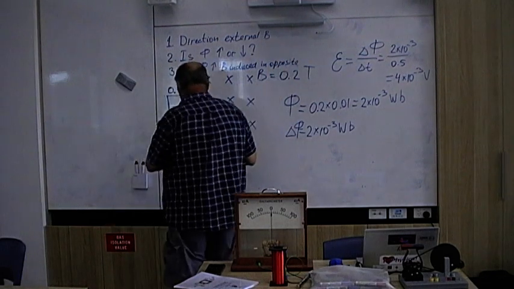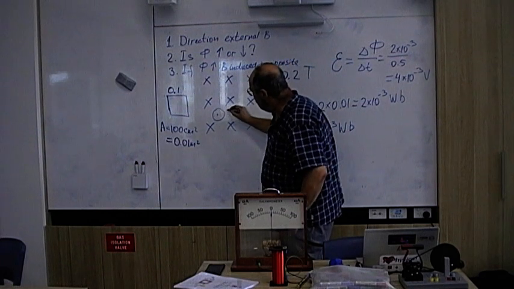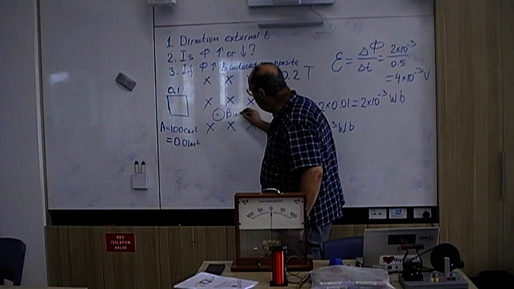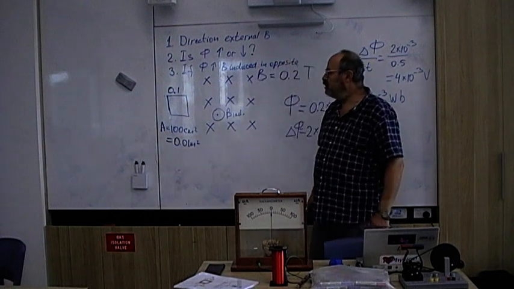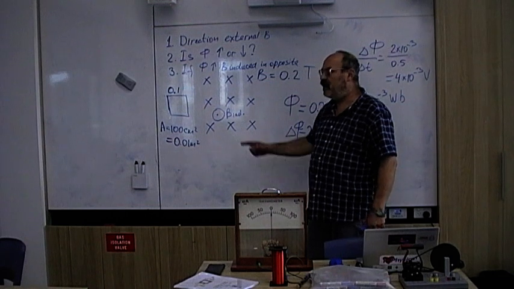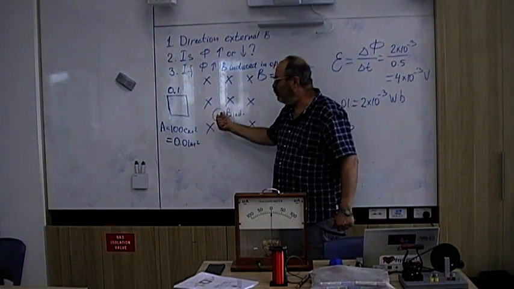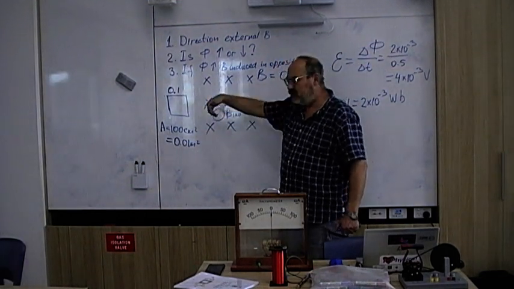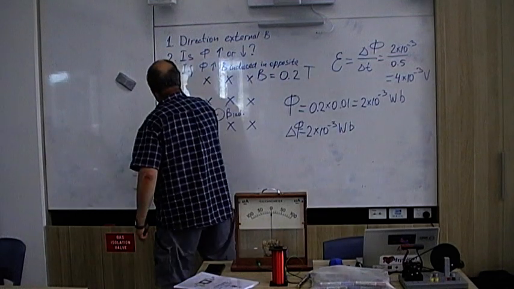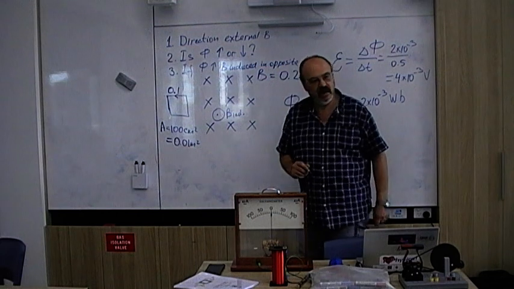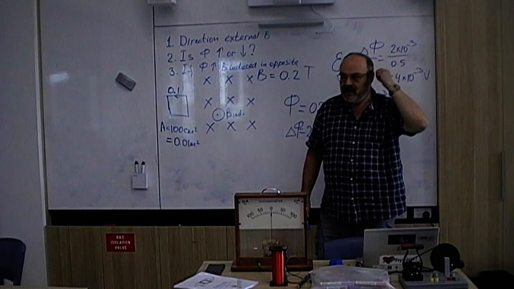In this case, the direction of the induced magnetic field is out of the page. Now let's use the right-hand grip rule to identify the direction of the current in the coil. What should the direction of the current be to have a magnetic field out of the page? Anti-clockwise. That will be the direction of the current. That's how we apply Lenz's law to find the direction of the current.